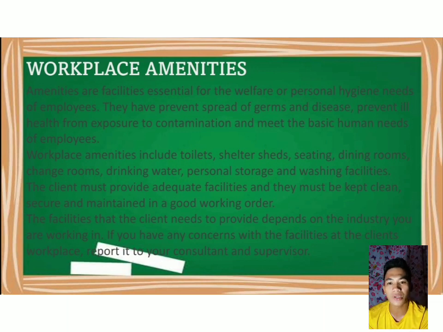So in the workplace, these amenities are really needed because they prevent the spread of germs and disease. Workplace amenities include toilets, shelter sheds, seating, dining rooms, change rooms, drinking water, personal storage, and washing facilities.